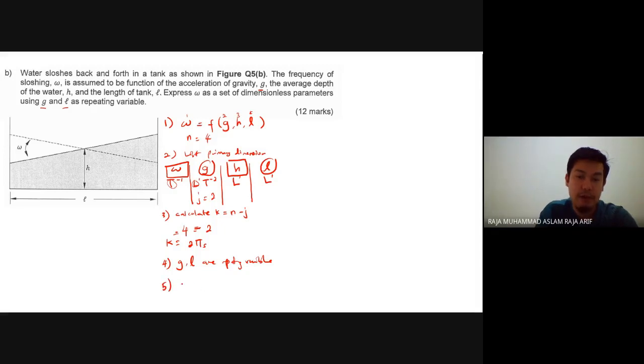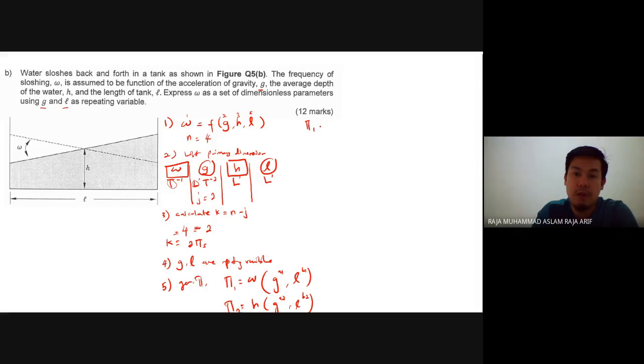Step number 5, generate the pi. We have 2 pi. Pi 1 will be equal to, the first non-repeating variable, omega times g^a1 L^b1, and pi 2 will be h times g^a2 L^b2. Okay, and we solve one by one.